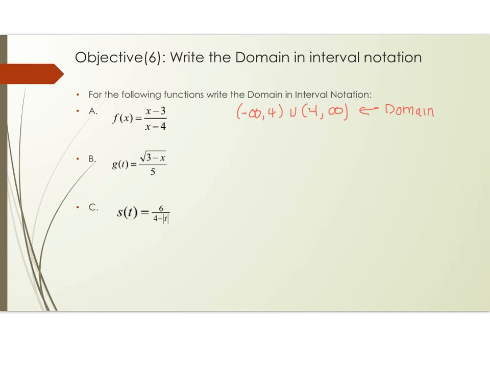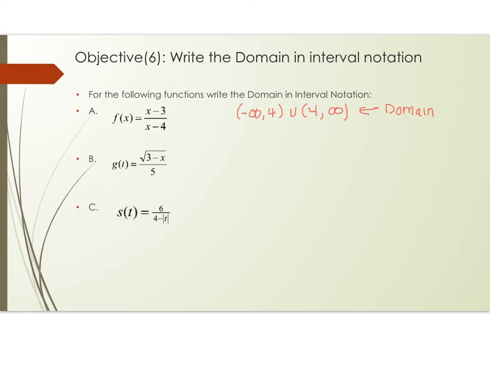For the second one, we ask again, is there a restriction on x? Well, we have a square root function, and in this particular case, x cannot be greater than 3, right? It cannot be greater than 3 because if it is greater than 3, we have a negative square root, and we can't graph that. It's an imaginary number at that point, so there's a restriction.